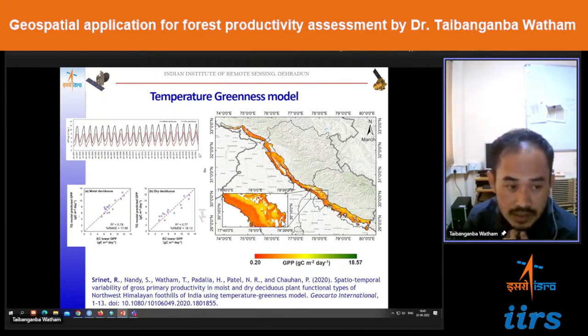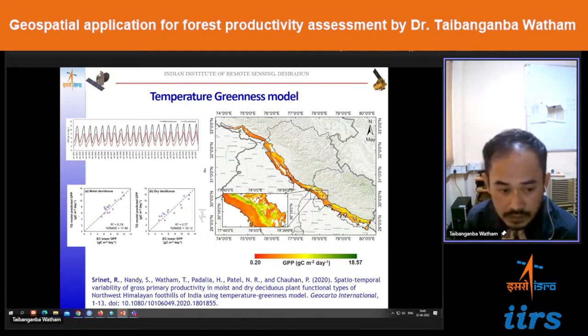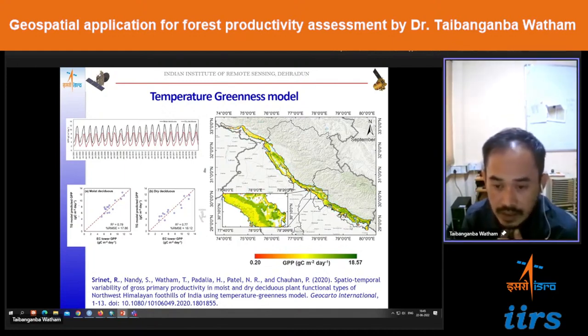We have estimated how the GPP looks from 2001 to 2020, and how it changes monthly. You can also see this particular area where we have the flux site. This is how we have done the validation, and we were able to get a good agreement between the ground observed and the estimated GPP.